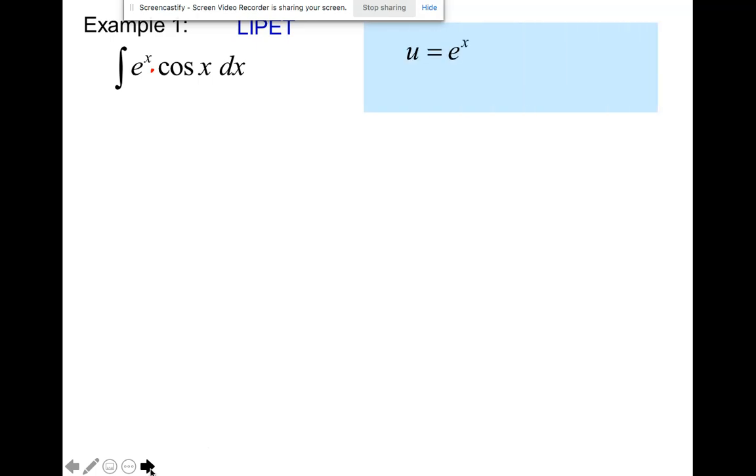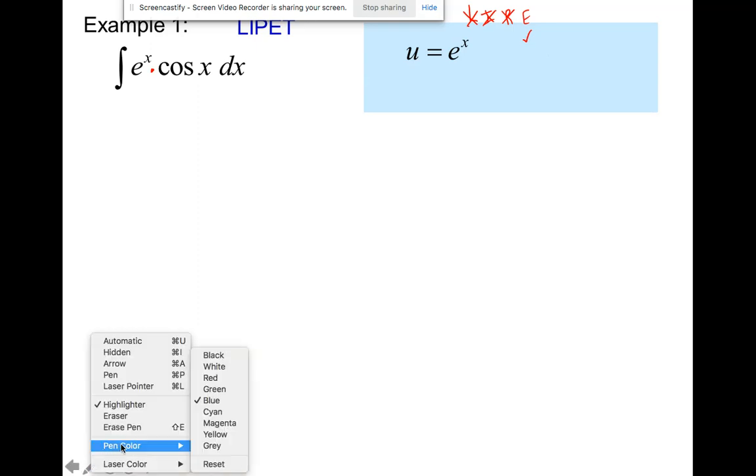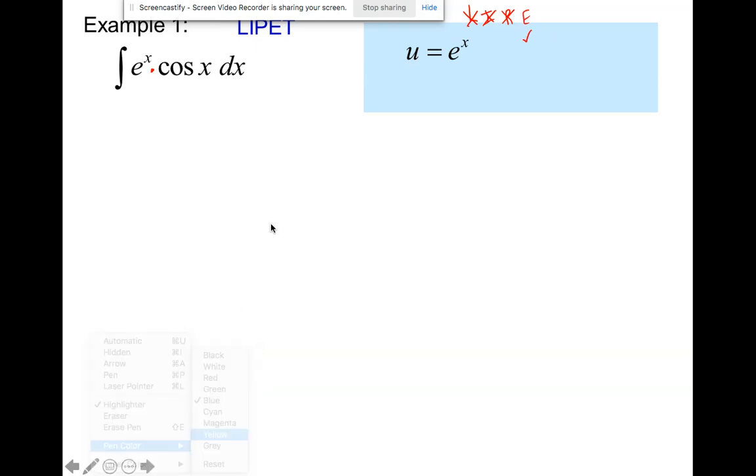I used LIPID: no logs, no inverse trig, no polynomials. I do have an exponential. So exponential was E, that was my choice for U. Everybody else then is dV.